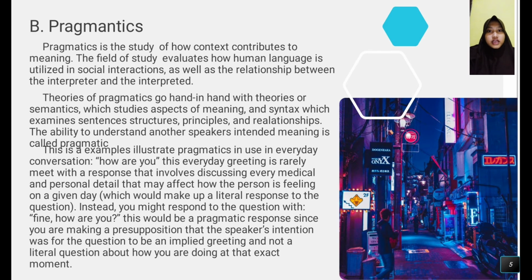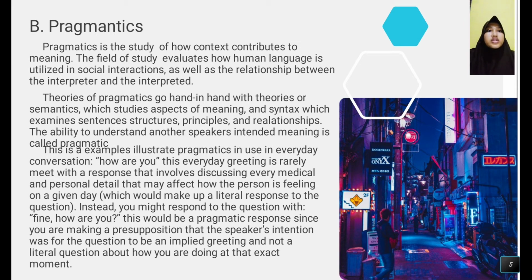Next material is pragmatics. Pragmatics is the study of how context contributes to meaning. The field of study evaluates how human language is utilized in social interaction, as well as the relationship between the interpreter and the interpreted.